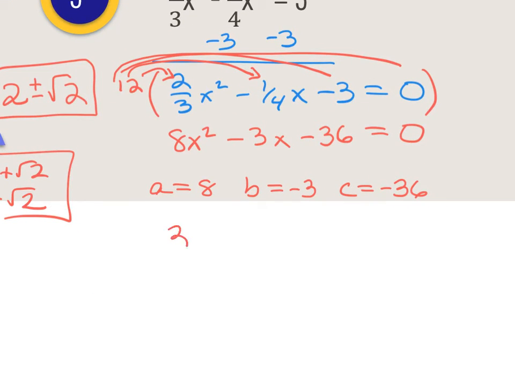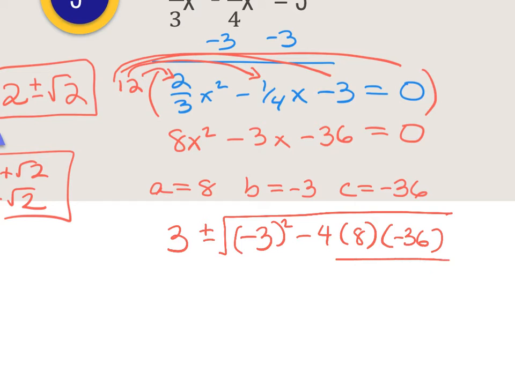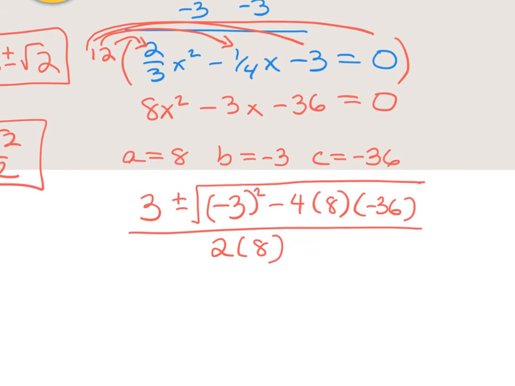Opposite of B, plus or minus B squared minus 4 times A times C. All under the radical, divided by 2 times A. I now need to simplify what's under the square root.